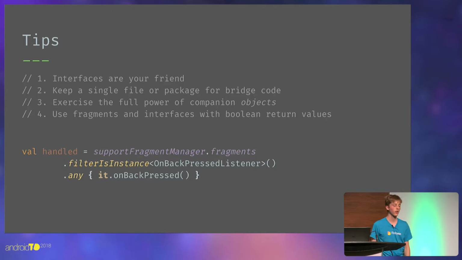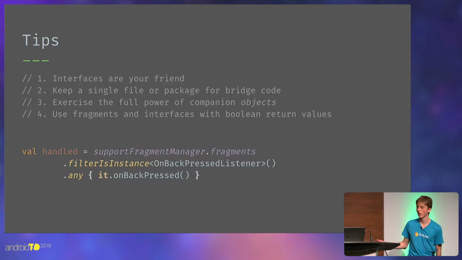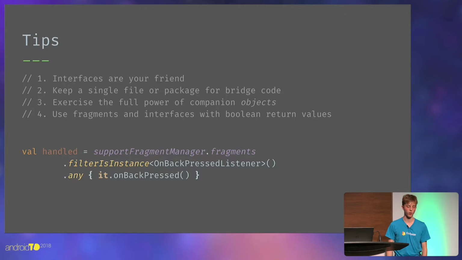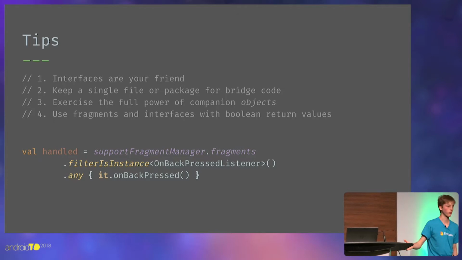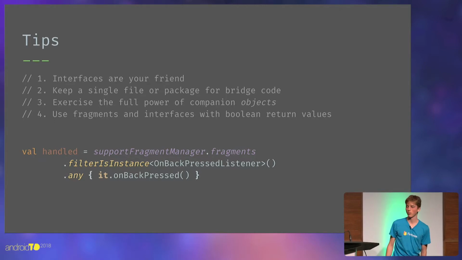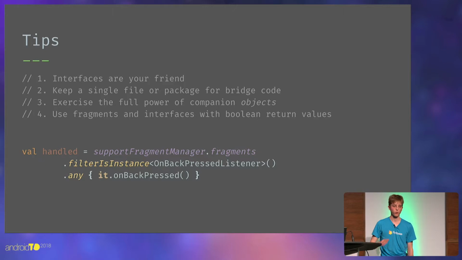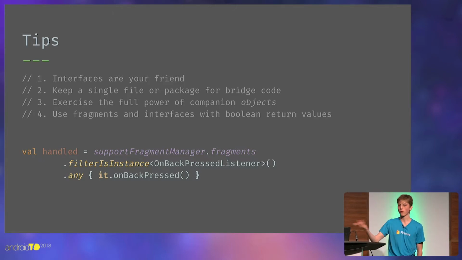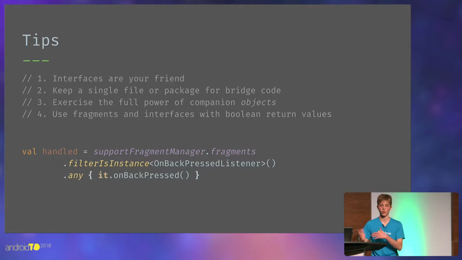Because if it did, then those features would be included when we download the base, and we don't want that, because otherwise we're back to our old problem of a big monolith. So if you define a bunch of interfaces in your base, for example, a backpress listener, then in your feature, you implement that in the fragment, and then you can say, hey, all the fragments that are active, have any of them handled this backpress event? And that way you can handle that in your activity.